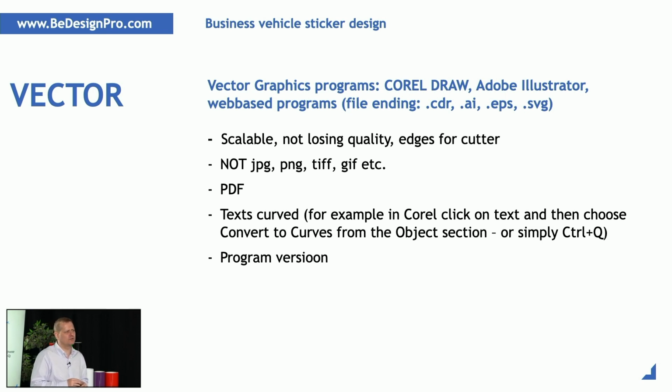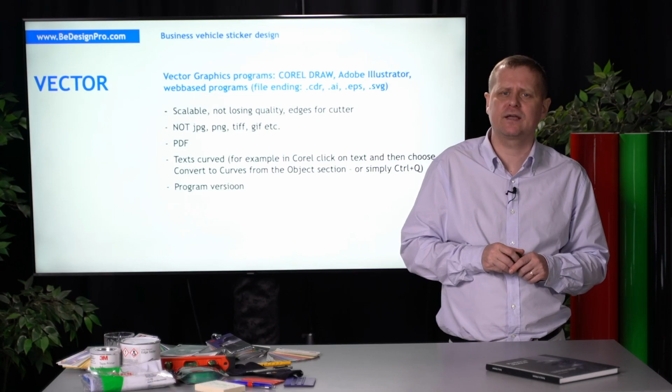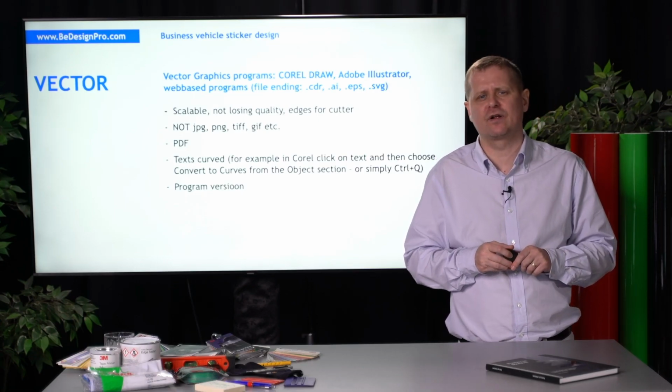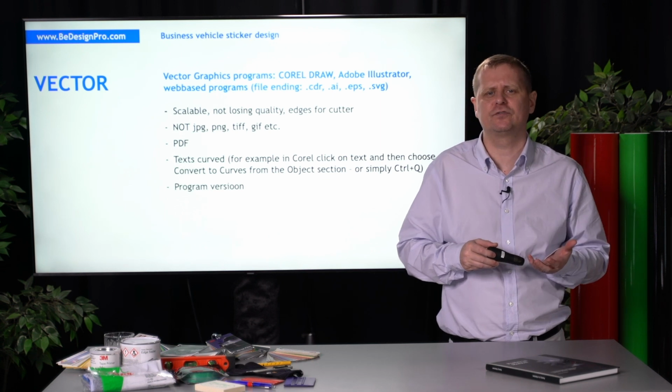A few things I would like to point out more here. When you are creating your design, make it so that different parts of your design are grouped together. For example, if you use a vehicle blueprint, then first make the blueprint as one group, text on the car door another, text on the side a third group.